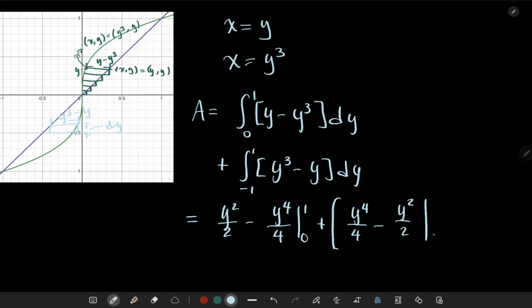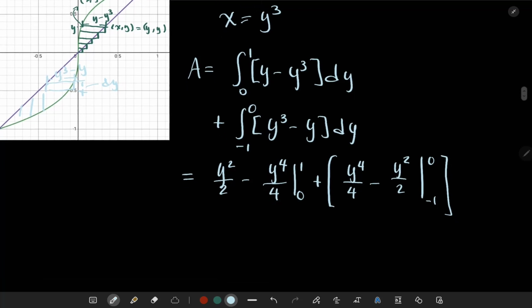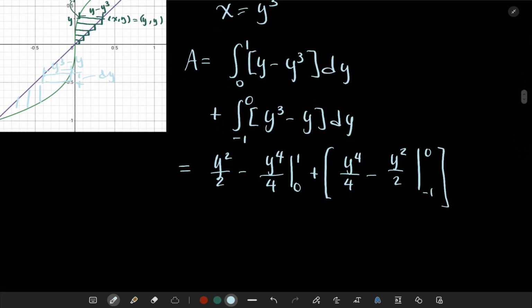We're going to evaluate all these between negative 1 and 0. I bet you were wondering. We're going from -1 to 0 right there. If you were wondering, write it in the comments or something. And I'm sorry for not realizing that I put a 1 in place of a 0.